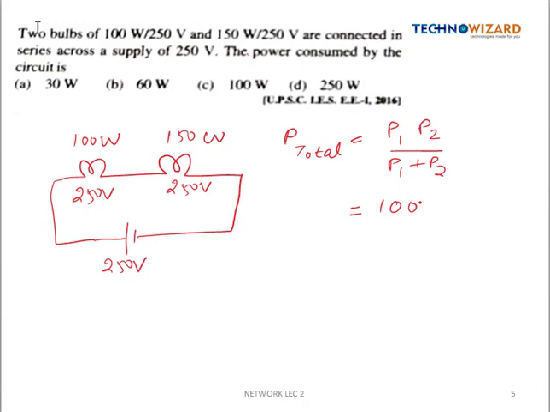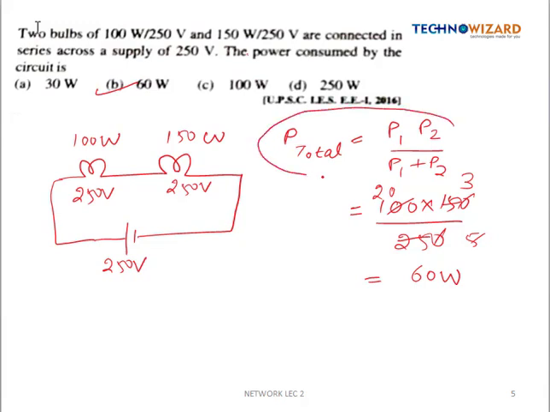So simply put the values, 100 into 150 divided by their sum, which will be 250, right? So we need to simplify this, so it will simply become 3 by 5, so this will be 20, so the answer is coming as 60 watt. So do remember this formula, it's very important.